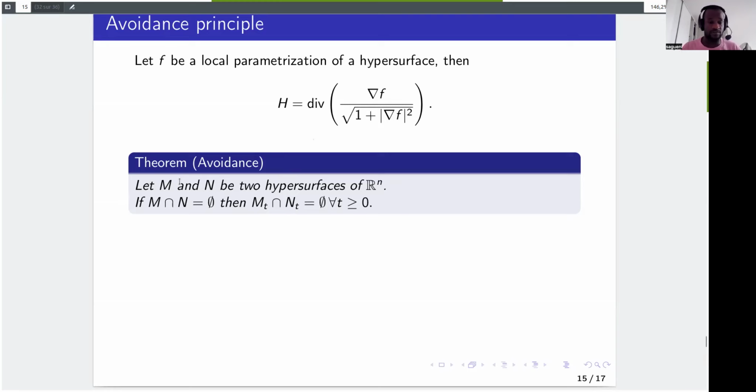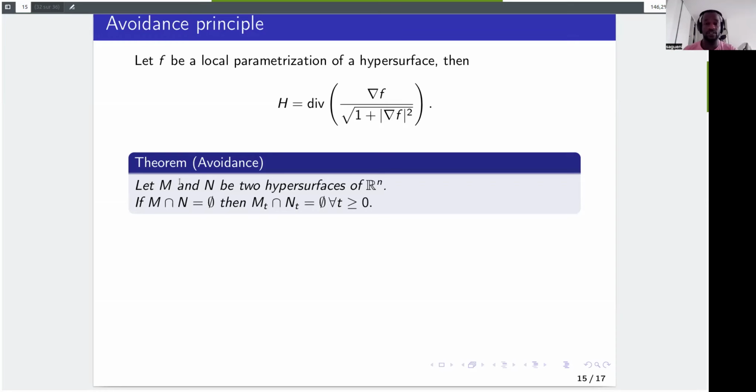So the avoidance principle: if I take M and N two hypersurfaces in R^n, if their intersection is empty, then the intersection of their flows is empty as well. So if I take two hypersurfaces, one inside the other, or completely disjoint, and I let them flow by the mean curvature, their flows will not intersect if they do not intersect at time equals 0.